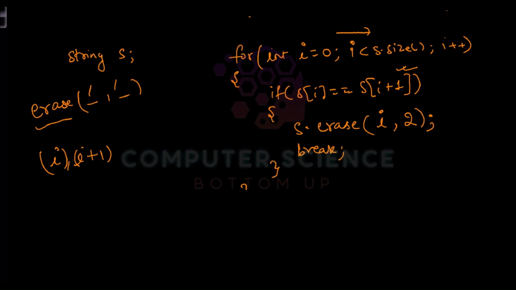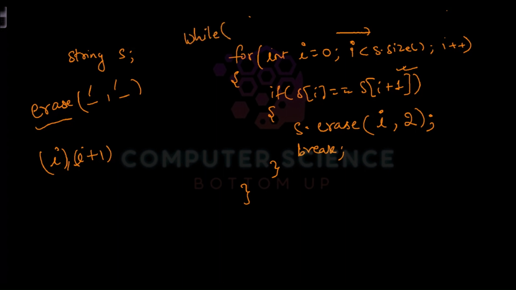And to this resultant string, you might have to reduce it further, because the resultant string itself may now have matching adjacent characters. That is why I will put all of this for loop code inside a while.